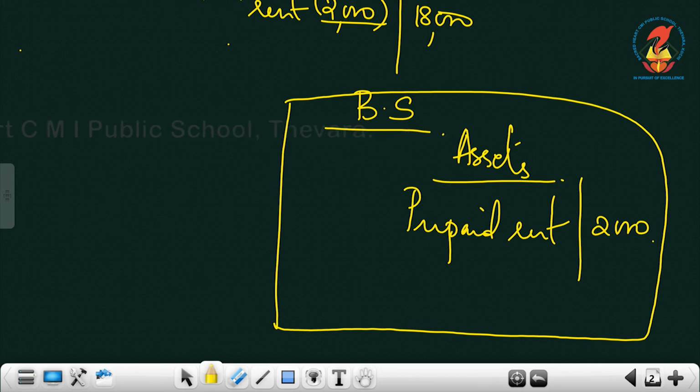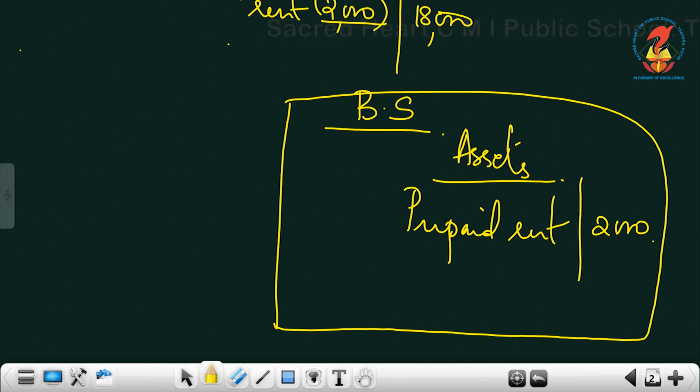The question is where to write. Is it in trading, P&L or balance sheet? You have to see the basic nature of this item, and the basic nature is an asset. So asset, we know that it must be recorded in the balance sheet. So when it is given inside the trial balance, this portion you have to repeat, only this one.